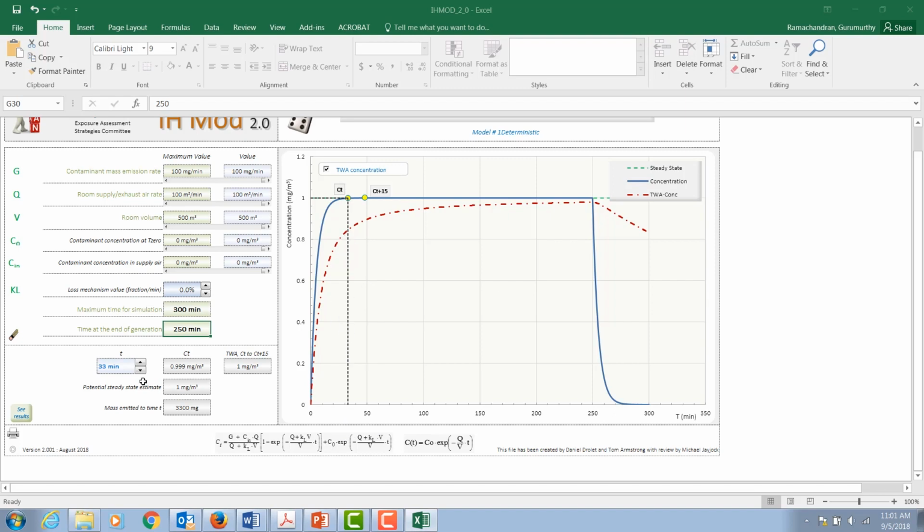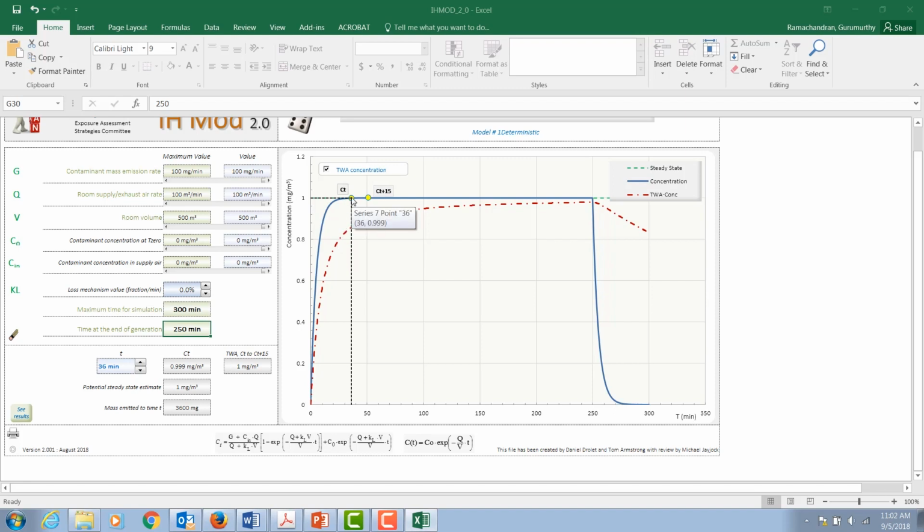And we can also find out the value of the concentration at different points in time. So if I change this value of the t in this box here, we see two things.